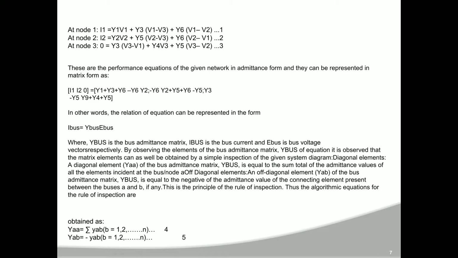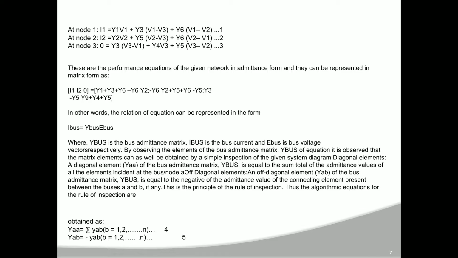These are the performance equations of the given network in admittance form, and they can be represented in matrix form as I1, I2, 0 equals the matrix with rows: Y1 plus Y3 plus Y6, minus Y6, minus Y3; minus Y6, Y2 plus Y5 plus Y6, minus Y5; minus Y3, minus Y5, Y3 plus Y4 plus Y5.